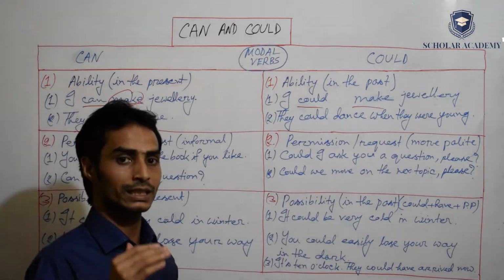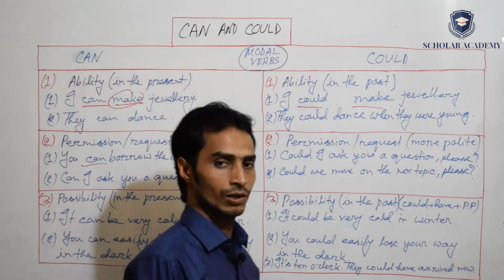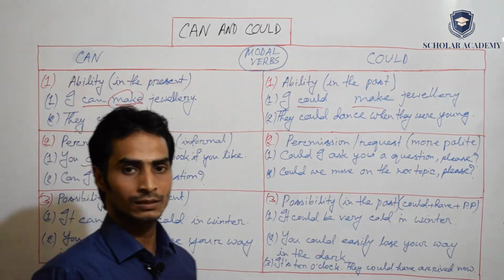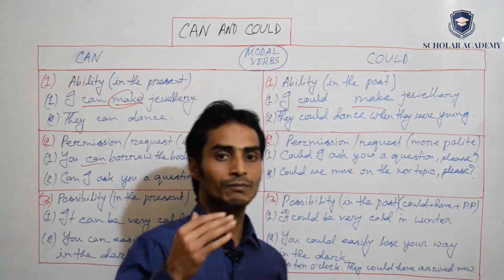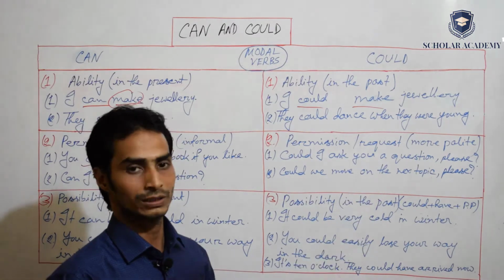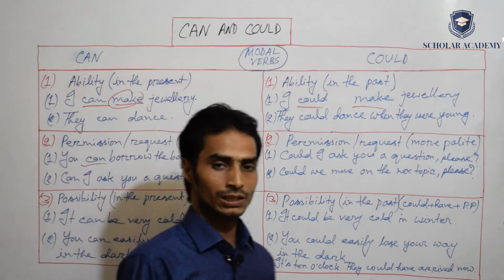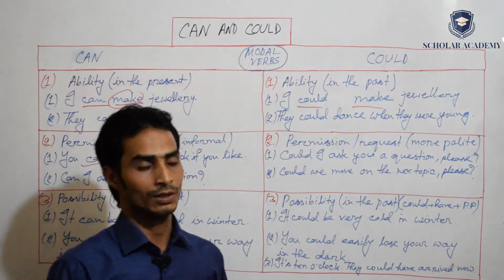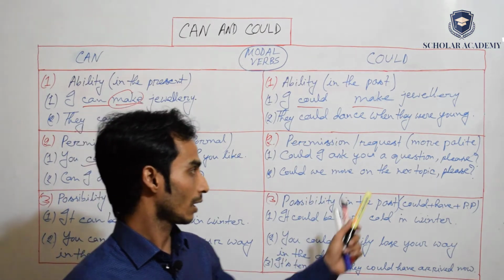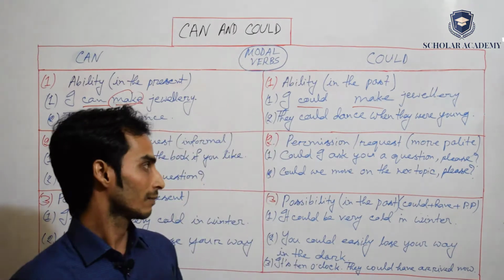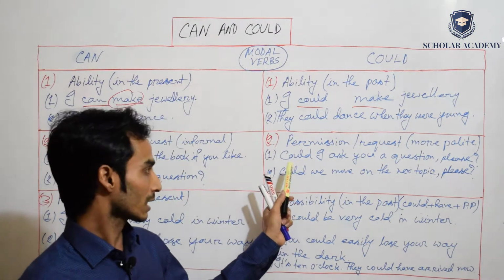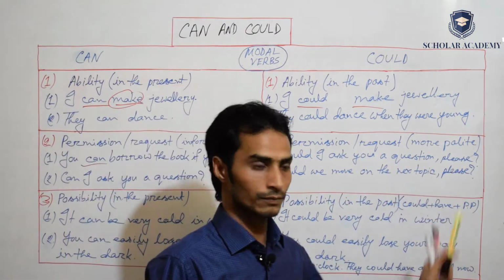The polite word is used to ask for permission or request, or to give permission. Could I ask you a question, please? Maybe you have a problem with a math or English topic, and you want to ask your teacher to solve this problem. At that time, you will have to ask, could I ask you a question, please?